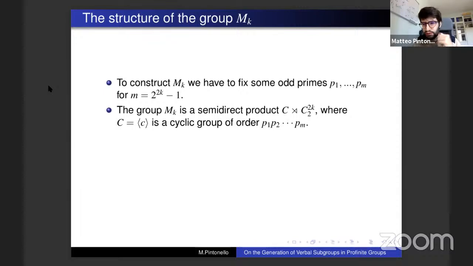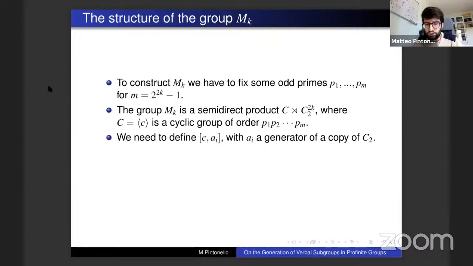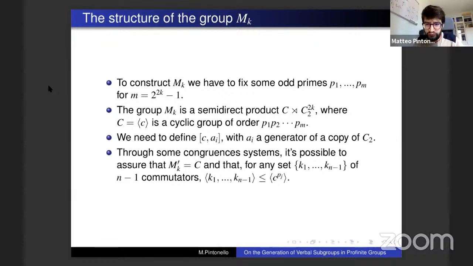Clearly, the only thing we need to define in order to define the whole group is the action of the generators of copies of C2 onto C, the generator of a cyclic group. And the result of MacDonald assured us that through some congruency systems, and the reason why we need so many primes is that we need a lot of different congruency systems in order to apply the Chinese remainder theorem and something more.